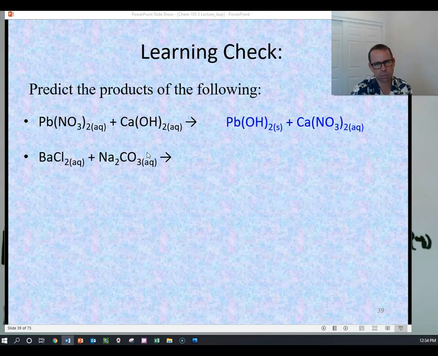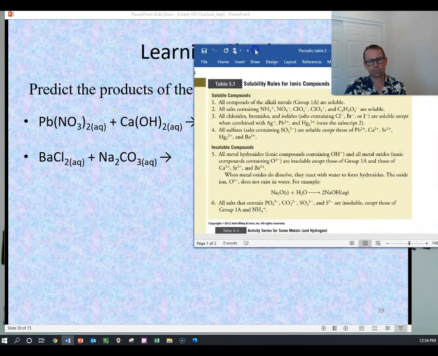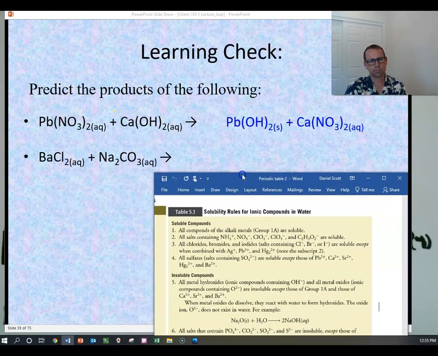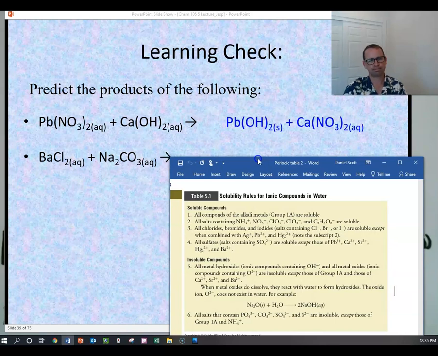Now, are either of those 2 precipitates? Are either of those 2 solid? Yes. Which one?